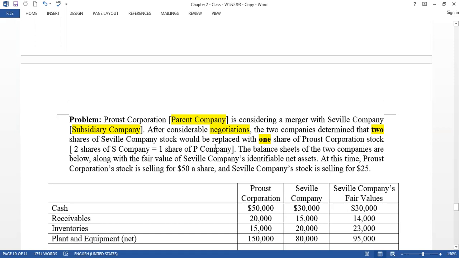So without paying cash, the parent company is going to issue common stock. And how do they handle this? They are going to receive 2 shares from the subsidiary company, and they are going to pay 1 share of their parent company.